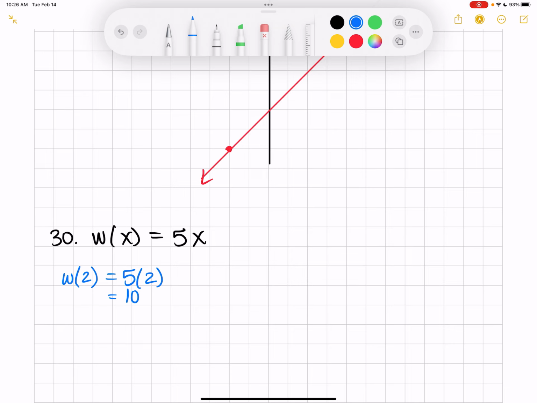So this point is going to be 2, 10. What else do we want to plug in? 1. So W of 1 is equal to 5 times 1, which is 5. So this is the point 1, 5. All right, and last point.